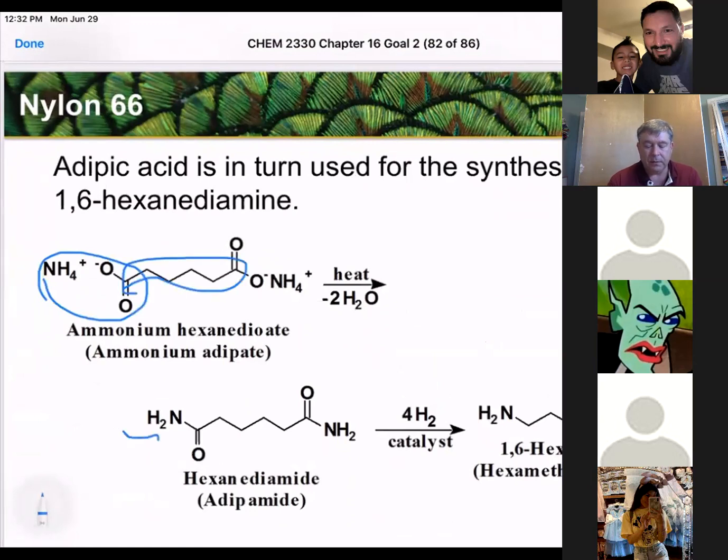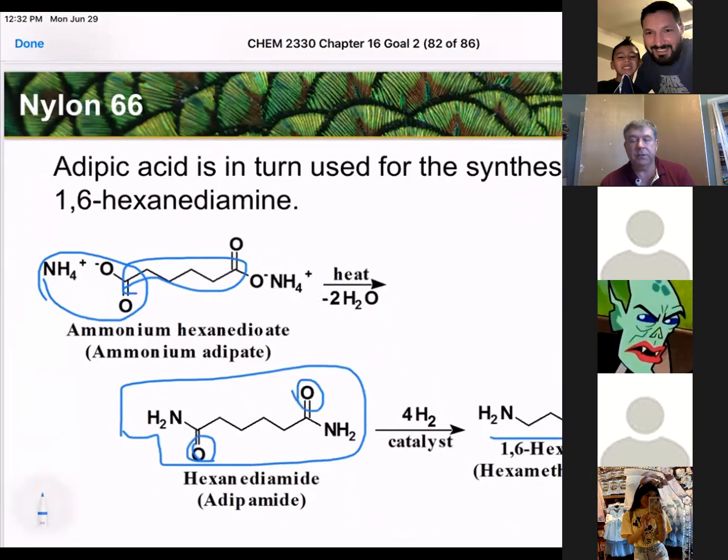They'll make the salt, and then by removing water, we'll get to this amide functionality. And then by reducing down the carbonyl on both sides here, we'll get to the 6-carbon chain with the nitrogens at the end. So the cool thing is that we're making both halves of the monomer, or both halves of the polymer, from the same material. Both are made from benzene.